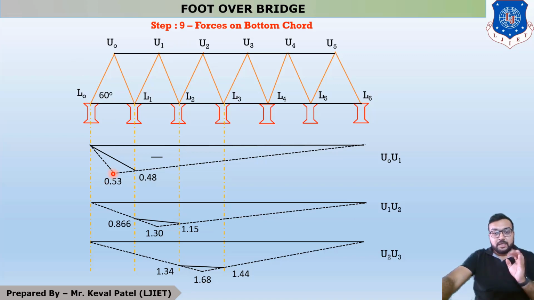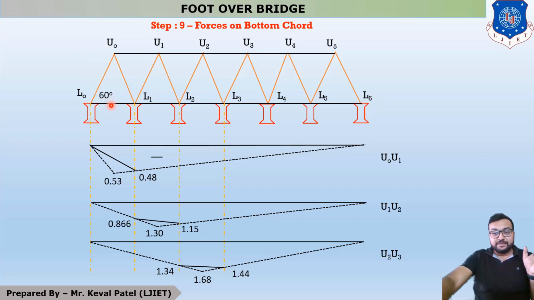But after finding the forces on the bottom chord, you have to find the forces of the diagonal members, so you have to find the forces at both junctions, L0 and L1.